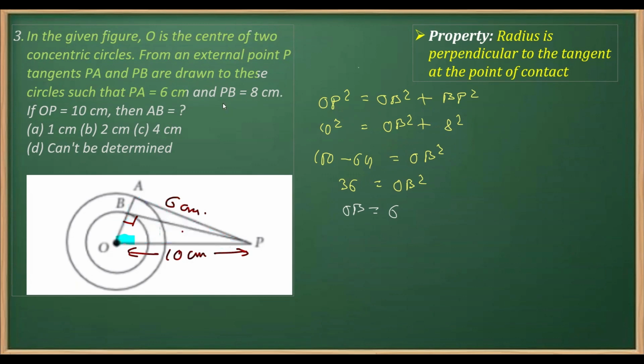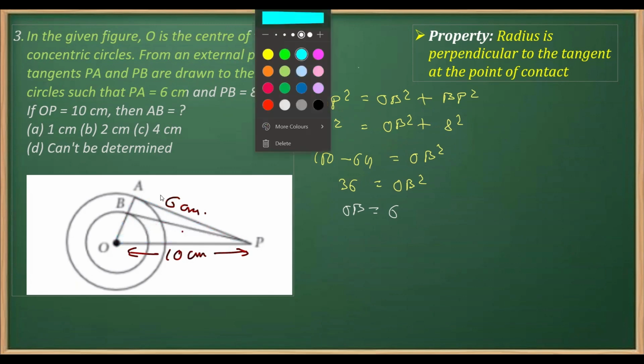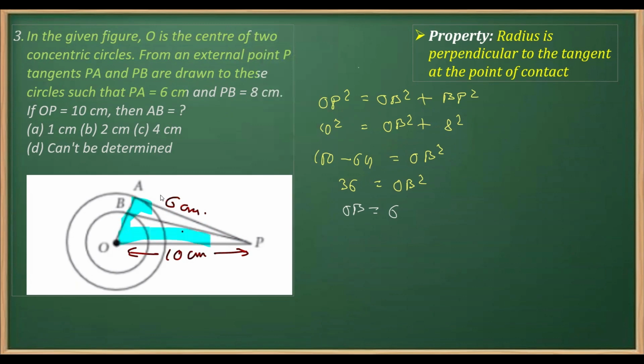Let's erase this part which we do not need and just focus on the triangle I'm talking about. This is again a right angle triangle for the same reason. Here too I'm going to apply the property that the square of the hypotenuse, needless to say OP is the hypotenuse, is equal to AO square plus AP square.